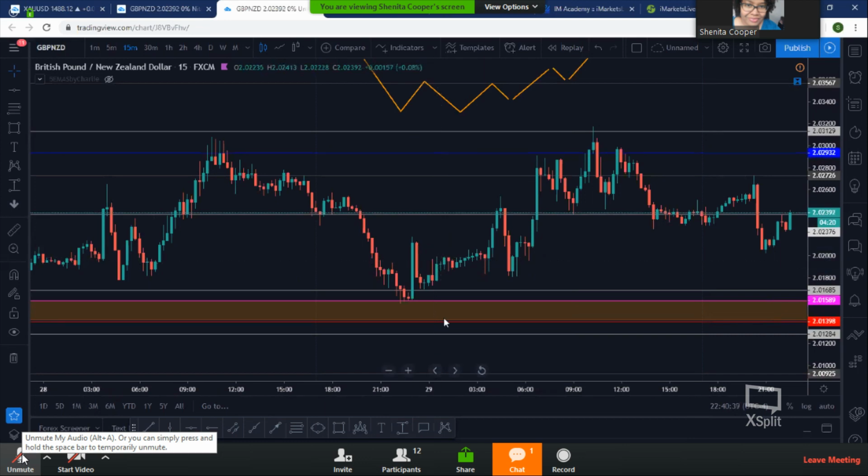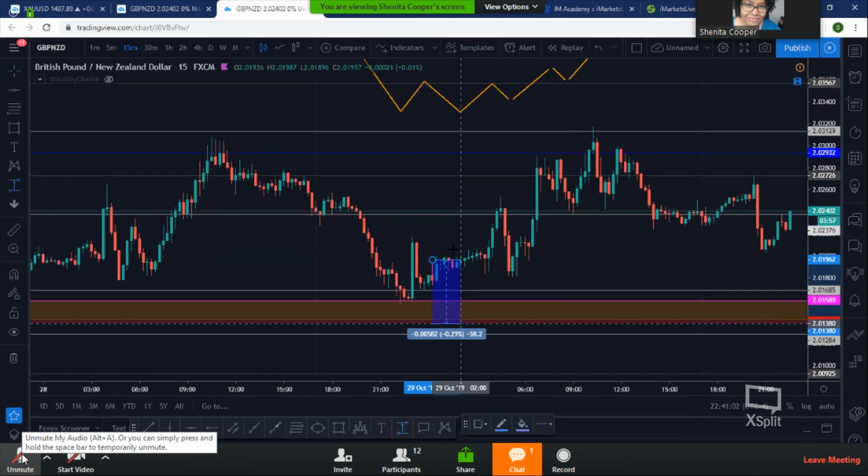You just take a guesstimate. This was a wick right here. Say, this is going to be my risk to reward, 56 pips. My first take profit is going to be 40 pips. Do I want to get in this trade or not? You decide then if you want to get in that trade.